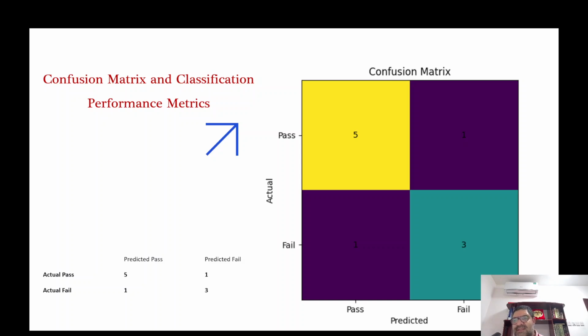That is the first cell of row 1, which is in yellow. So there are 5 students who were passing, and they were predicted as pass by the model. On the right hand side, it is showing a false value. There was one student.